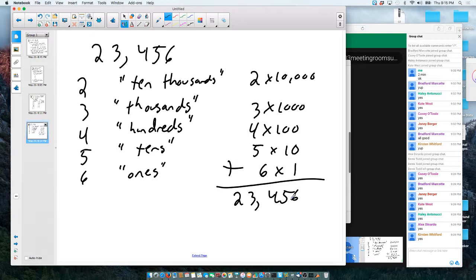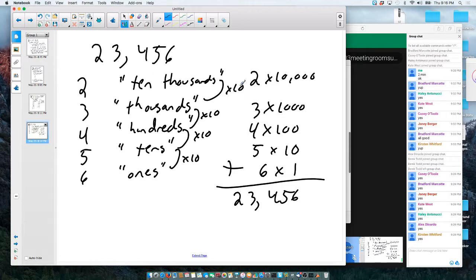And so the reason the places go up, ones, tens, hundreds, thousands, 10,000s, is because each one of these is 10 times the place before it. The tens place is 10 ones. The hundreds place is 10 tens. The thousands place is 10 hundreds. Okay? And on and on and on.